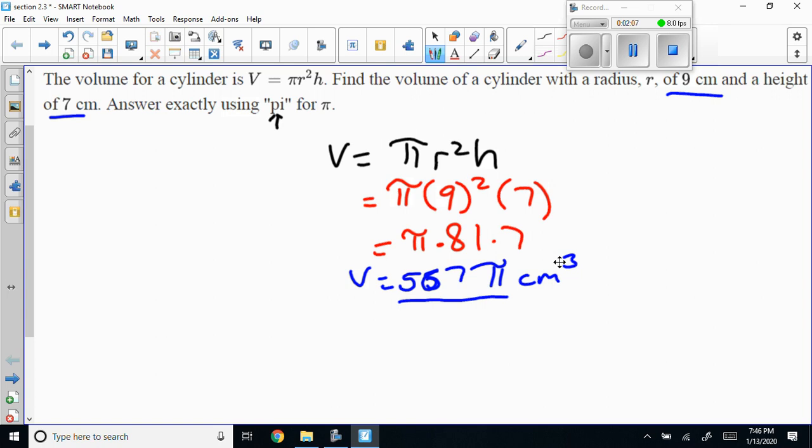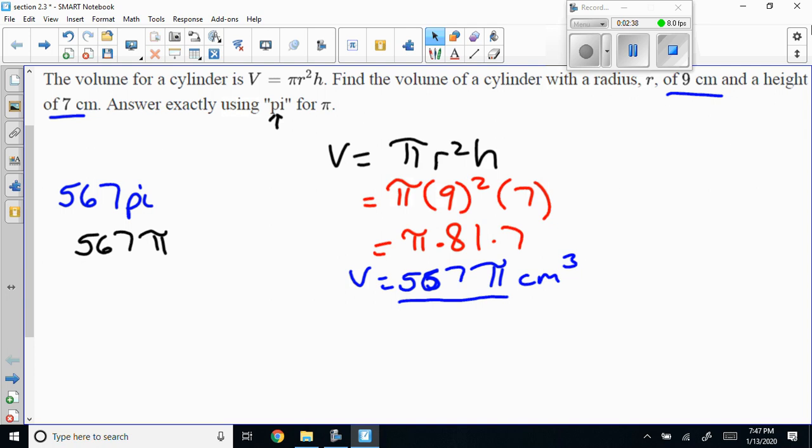Yes, you put in 567 pi, and if you type that in, it's going to convert it to this. You've got a little preview thing. Y'all remember that? I put the centimeters in because I like talking about units.